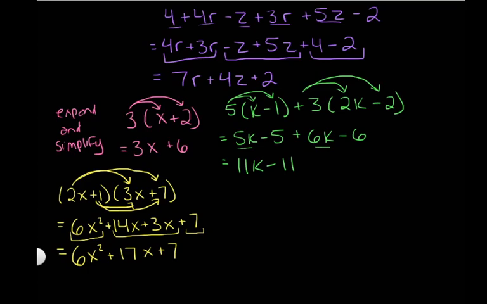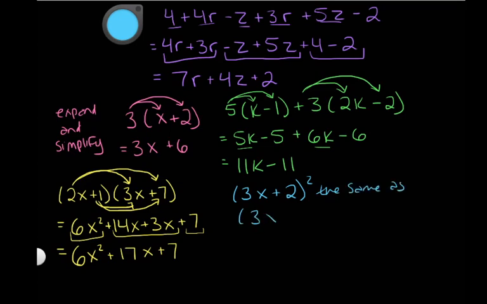All right, next example. What about if we have one that has a power? If I have a question that says 3x plus 2 to the power of 2, really, that is the same as 3x plus 2 times 3x plus 2.